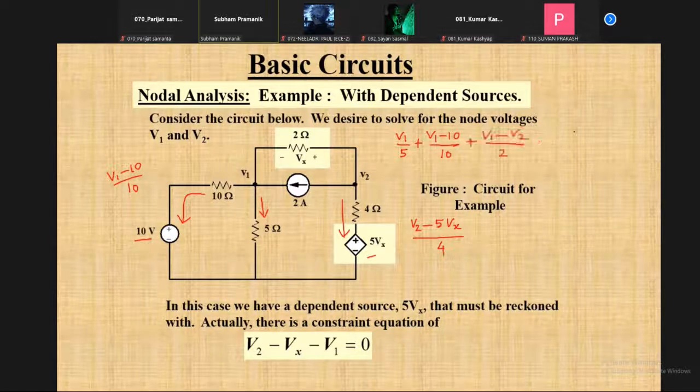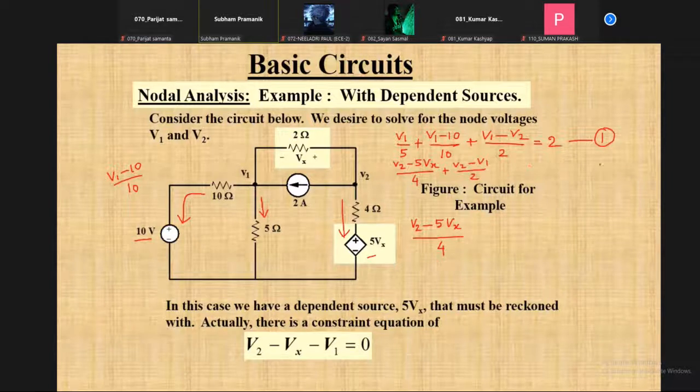This is the first equation. The second equation will be V2 minus 5Vx by 4 plus V2 minus V1 by 2. These are the currents leaving, and also 2 ampere is leaving, so plus 2 equal to 0.